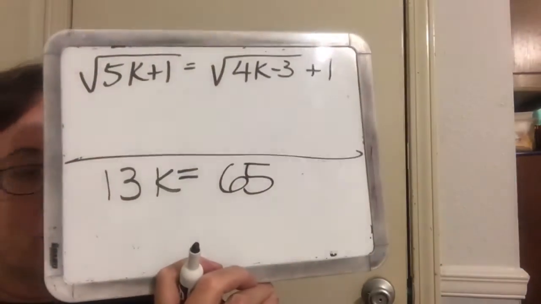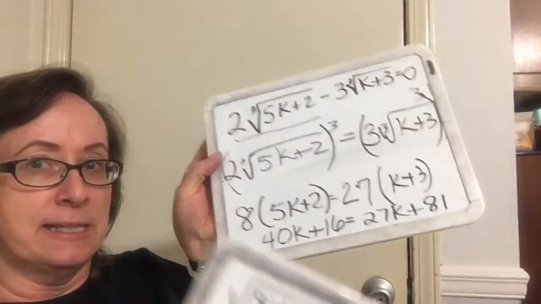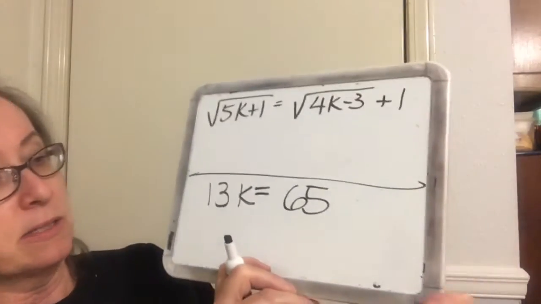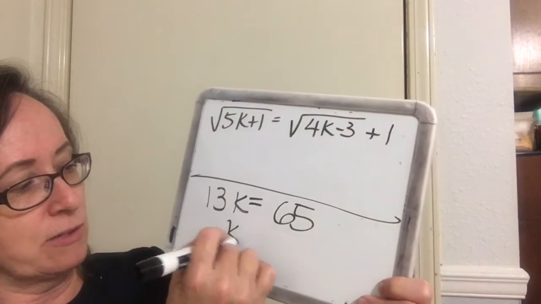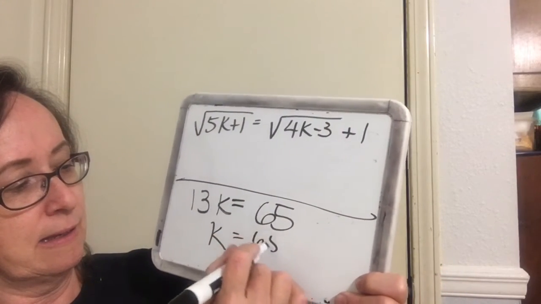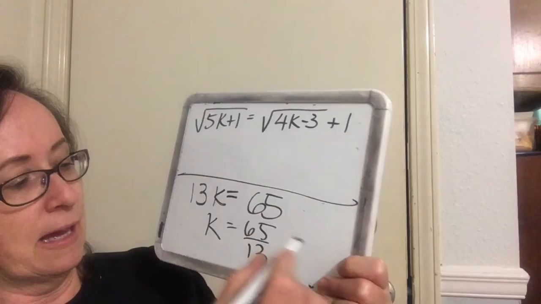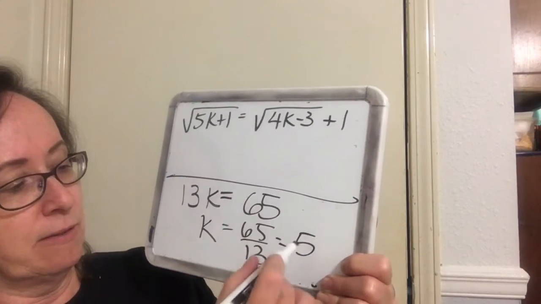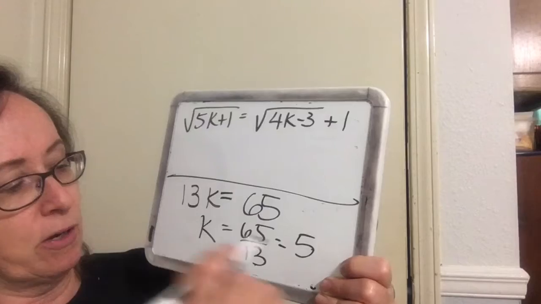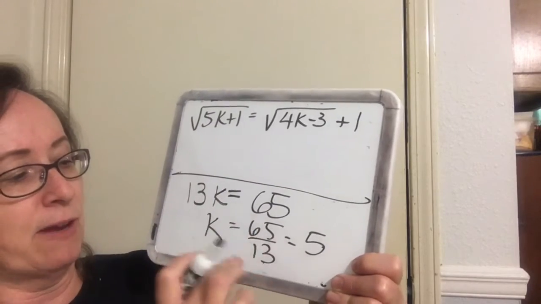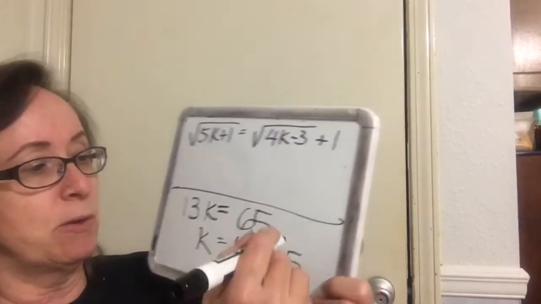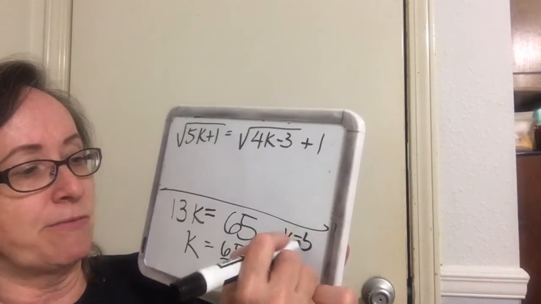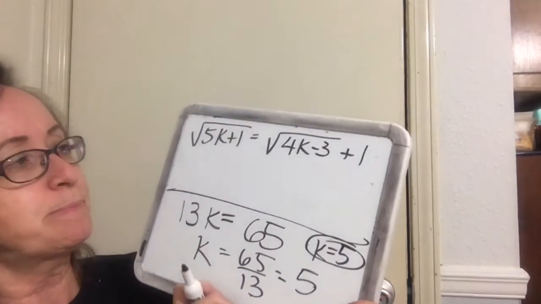Okay, so my equation simplifies down to here. So now if I divide 65 by 13, I get 5. 5 times 3 is 15, carry your 1, and 65 divided by 13 is 5. So our proposed solution is k is 5. Okay?